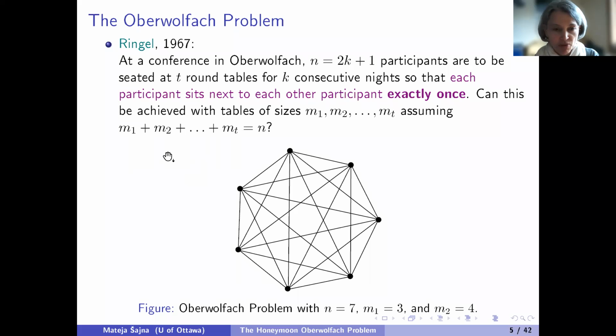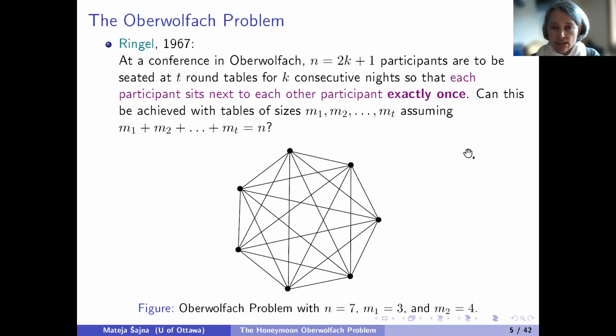We've heard this before, but just in case you've missed it. It was posed by Ringel in 1967 at a conference in Oberwolfach as a kind of seating or scheduling problem. We have an odd number of participants, and we'd like to seat them for K consecutive nights so that everybody gets to sit next to everybody else exactly once. And we have tables of given length, and the total number of seats available is precisely the number of participants.